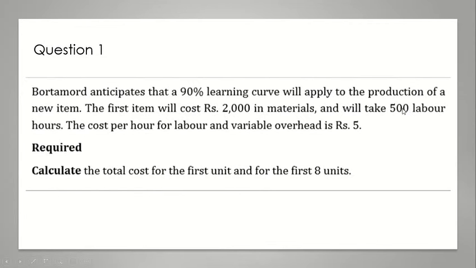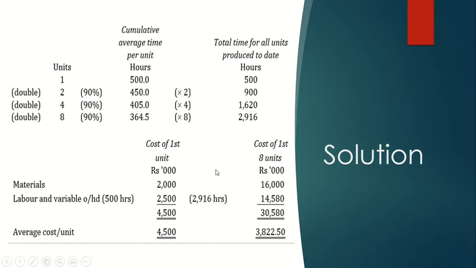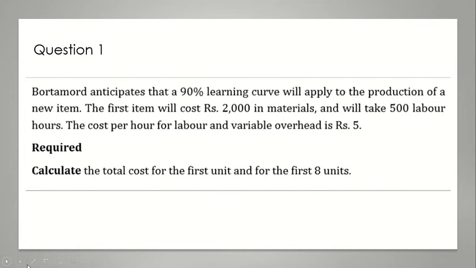The labor hours required for the first unit is 500, fine. And variable overhead is also the same, 5 rupees per hour into 500 hours. Then they are asking to calculate the total cost for the first unit and the first 8 units.